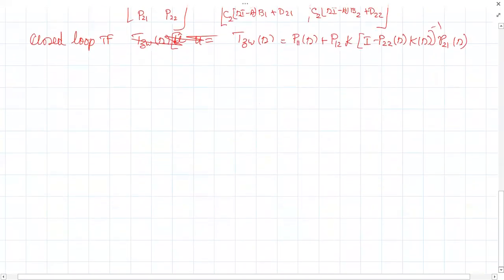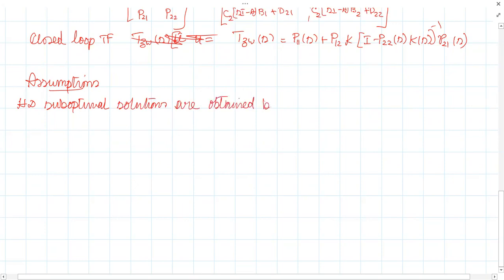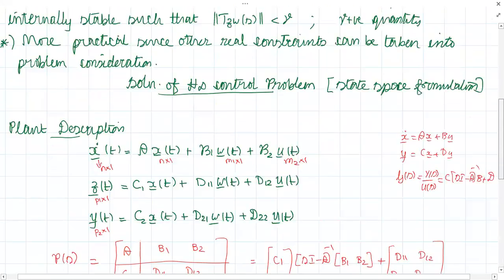Now we need to make some assumptions. H infinity suboptimal solutions are obtained by the following assumptions. A1, first assumption. For existence of a stabilizing controller, what was the suboptimal solution problem?